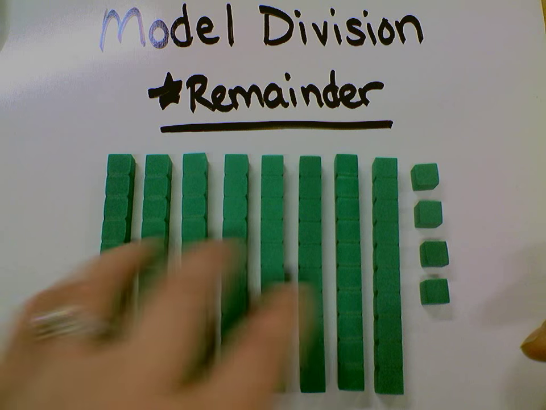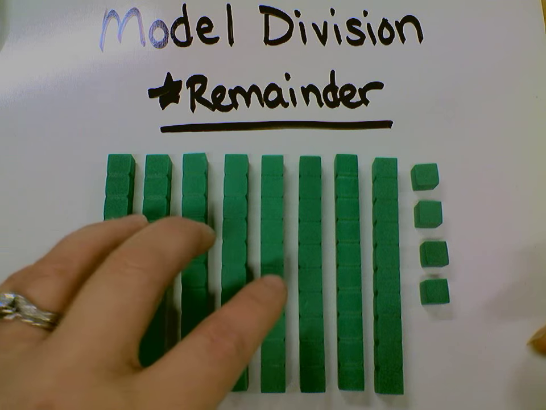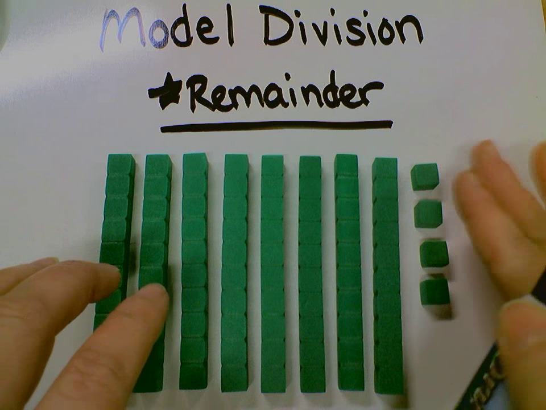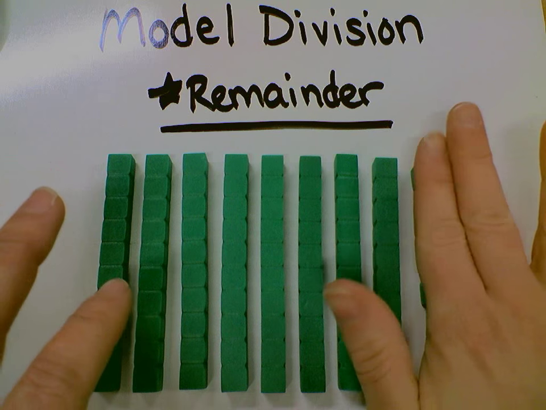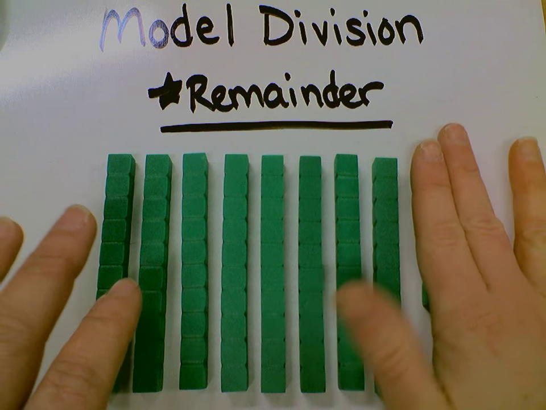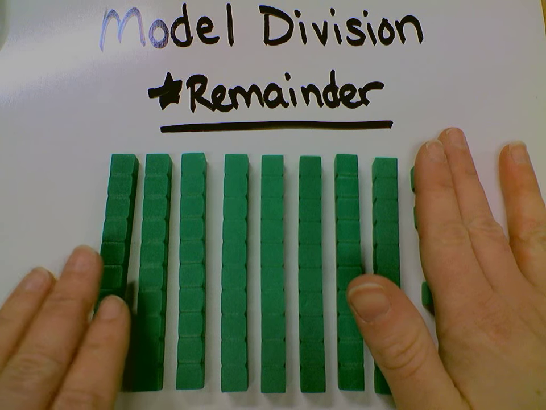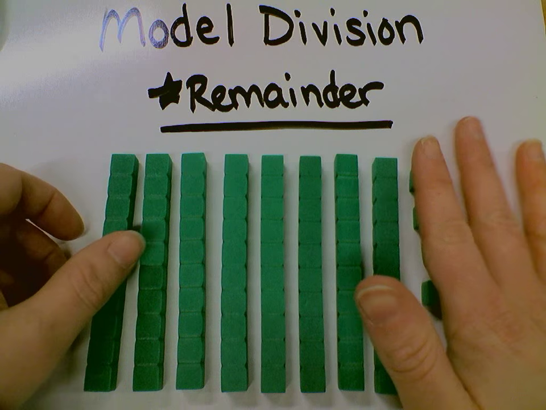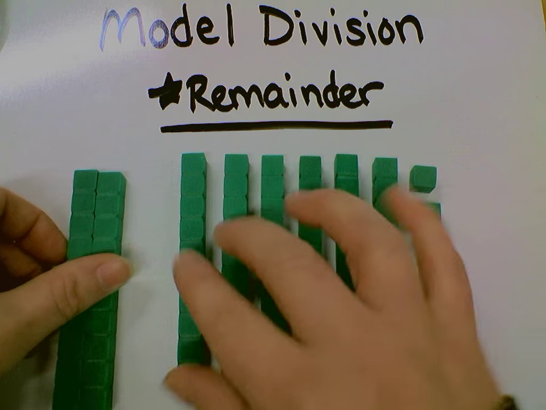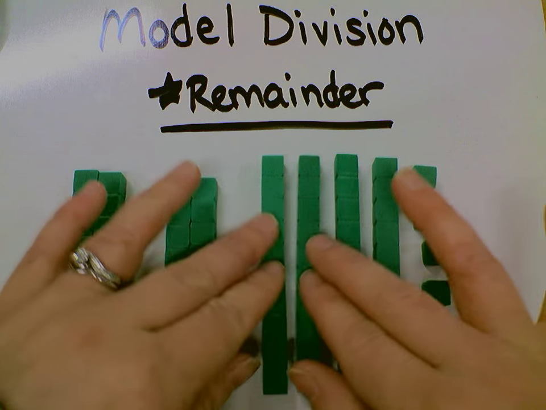I'm going to start with the 8 tens that are here though. I'm going to pretend like these 4 ones over here are not there for the time being. So they're not really here, and I'm going to divide my 8 tens into 4 equal groups first. Okay, so I'm going to do that by grouping them.